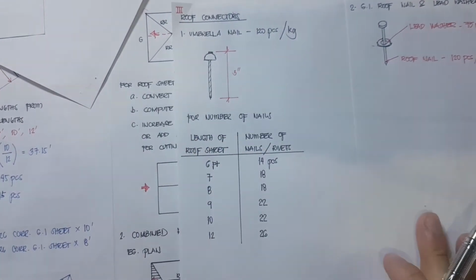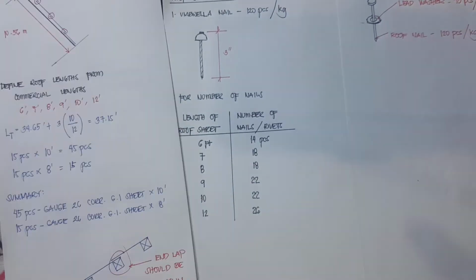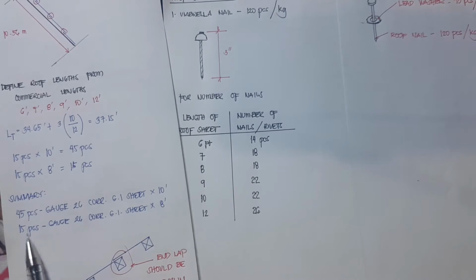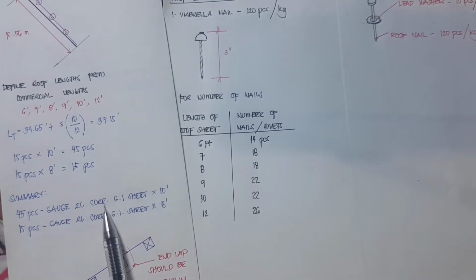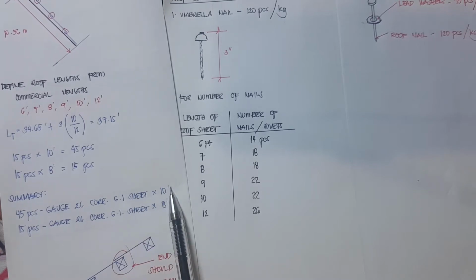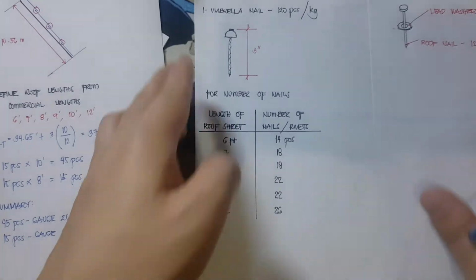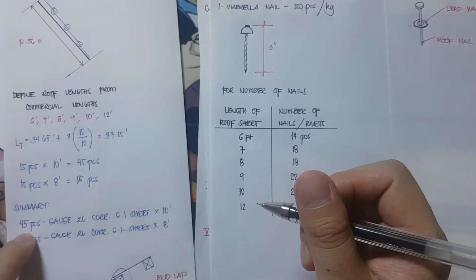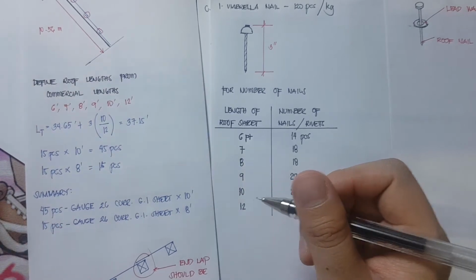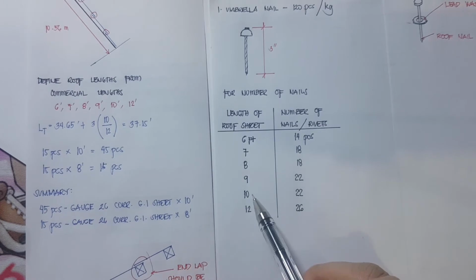So, umbrella nail, 120 pieces per kilogram. So, ano yung mga ginamit natin? Here, we used 45 pieces of gauge 26 corrugated GI sheet 10 feet and 15 pieces for the 8 feet. Okay? So, for the pieces, we have 45 pieces corrugated GI sheet times 10 feet. 10 feet is 22 pieces per sheet.